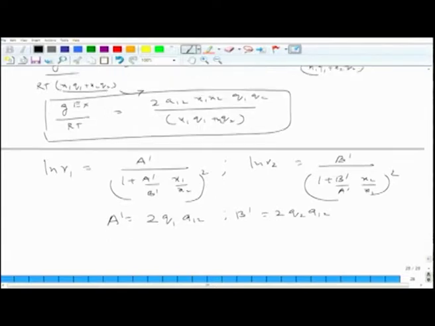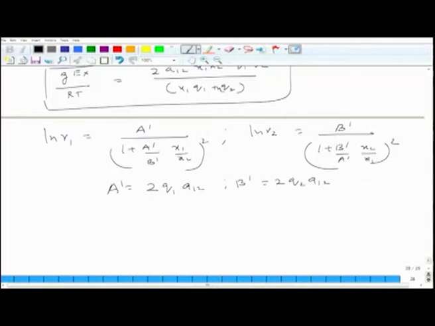Now we need to use some kind of experimental data to obtain A dash or B dash. Usually dilute solution information is available from the experimental data. So if you use that information, then A dash by B dash is nothing but Q1 by Q2. And how do you get A dash here? If you consider, let's say, in dilute solution x1 goes to 0, then ln gamma 1 infinity is nothing but A dash.